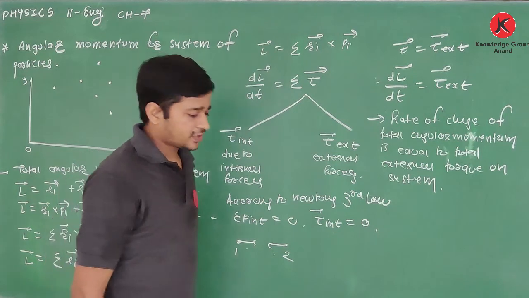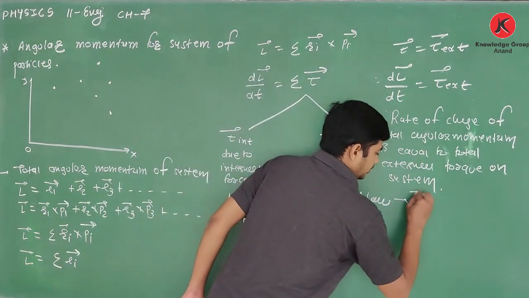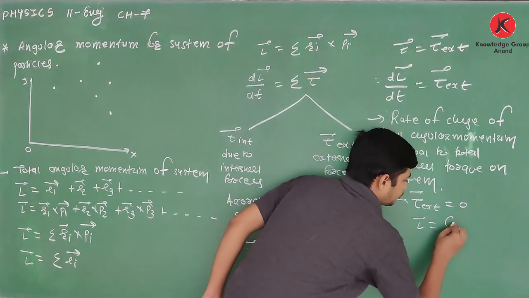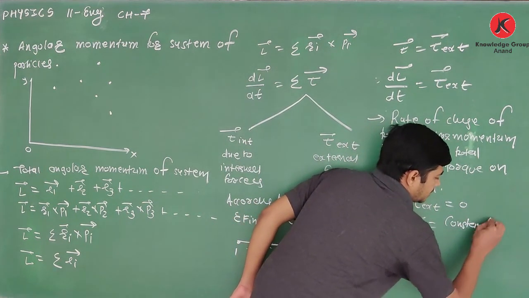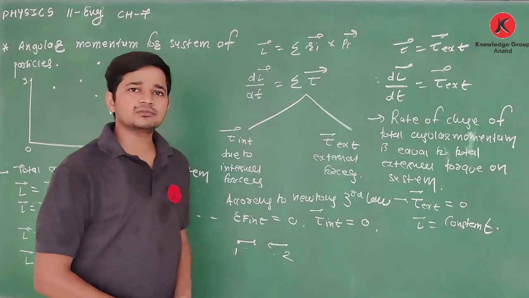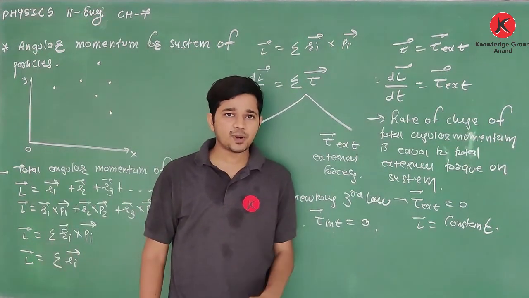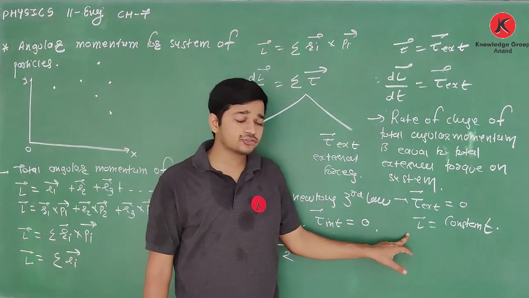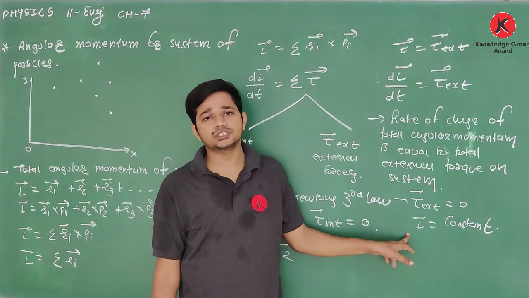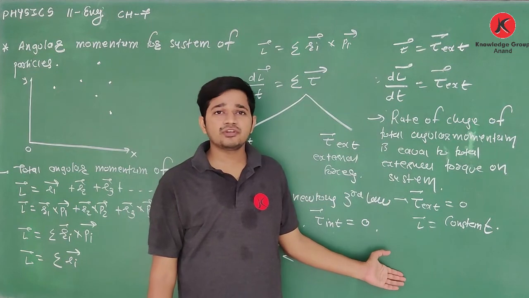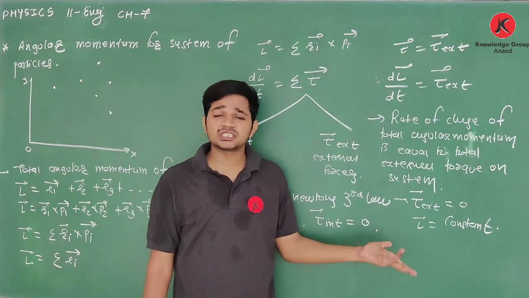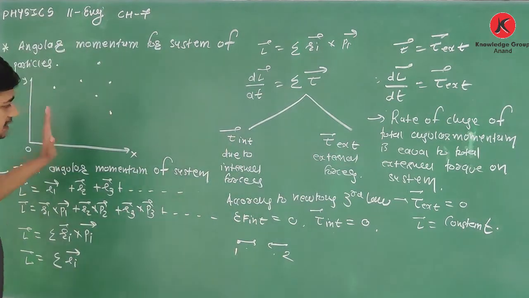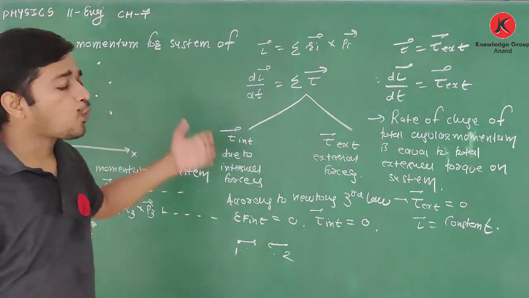Okay. Now again, if tau external is equal to 0, then L remains constant. So for a system of particles, if the total external torque is 0, then its total angular momentum remains constant. So it is the law of conservation of angular momentum for a system of particles. It is similar to that for one particle.